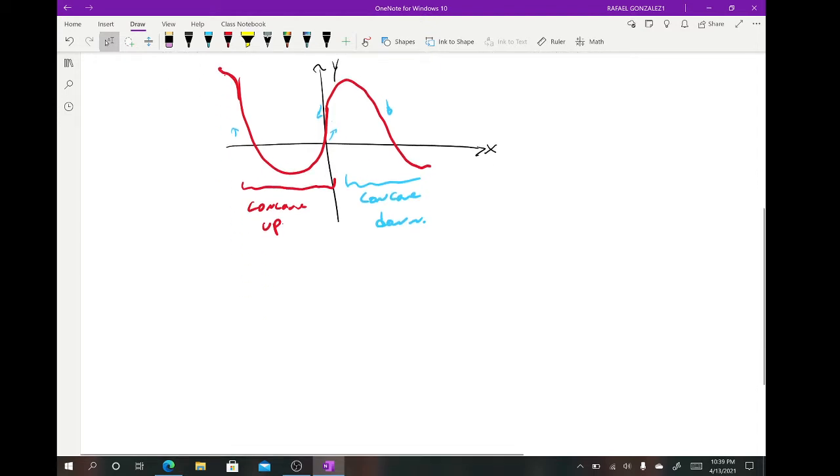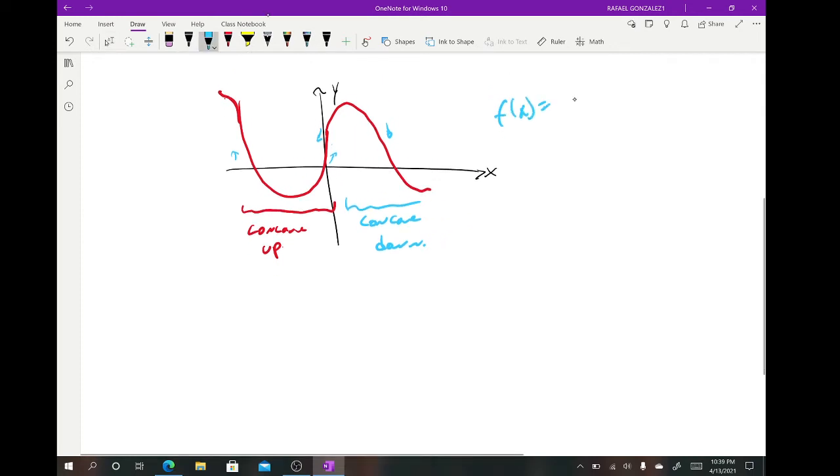So if somebody just gave you a function, then without graphing it, you could tell precisely on which intervals the function is actually concave up or concave down. So let me actually write that down as well, because that is a theorem, and this is how you test for concavity.